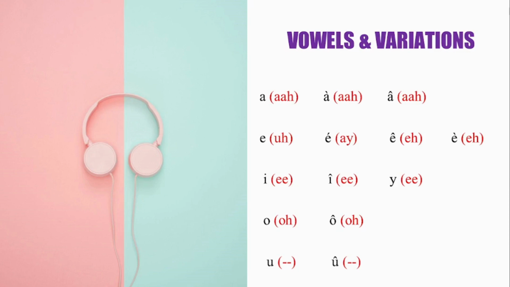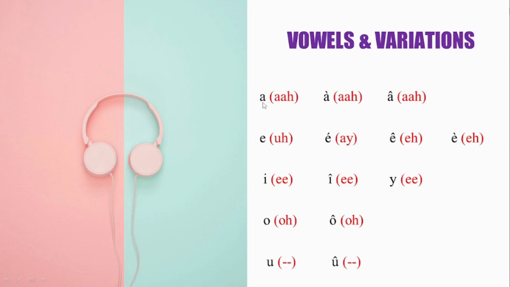We're also going to look at the variations of the vowels. As you can see here, in some cases the vowels have different accents: accent grave, accent circumflex. Even though there are accents on the A, it doesn't change the sound.